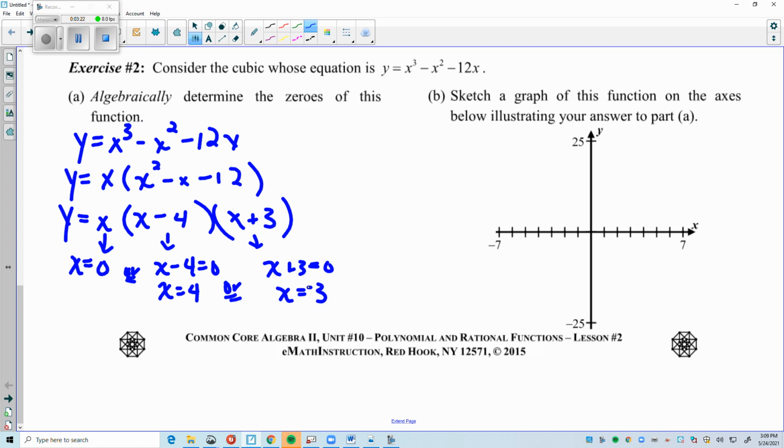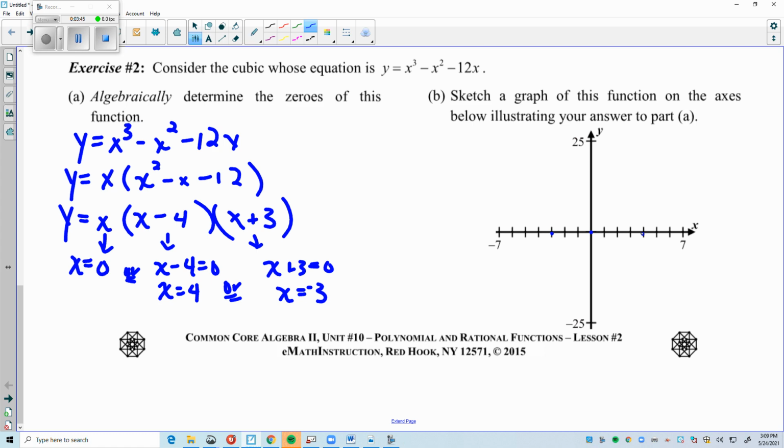So if we were to go over here and plot this on the axis, first thing I would do is plot out my zeros, so I know I have an intercept of 0, I have an intercept of negative 3, and I have an intercept of positive 4. Oops, that's 3. Hold on. There's 4.